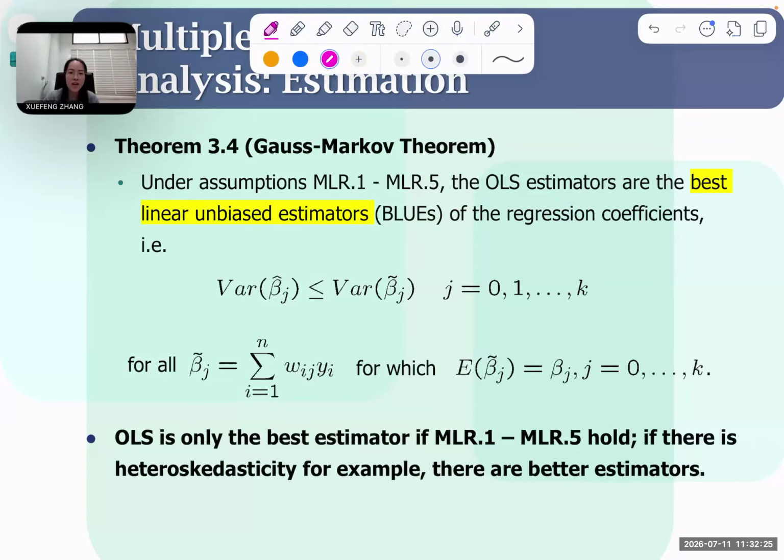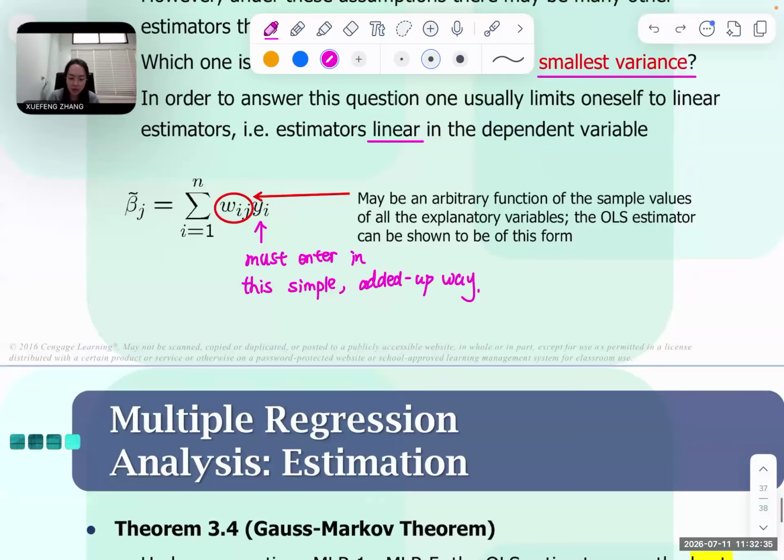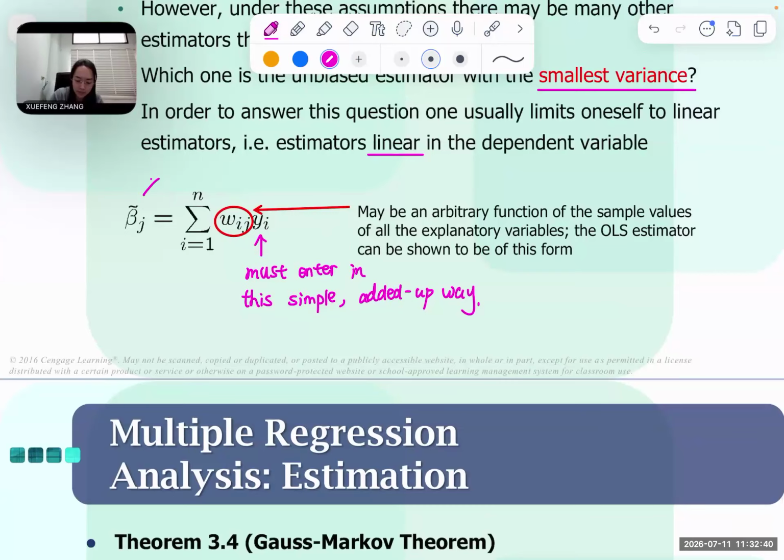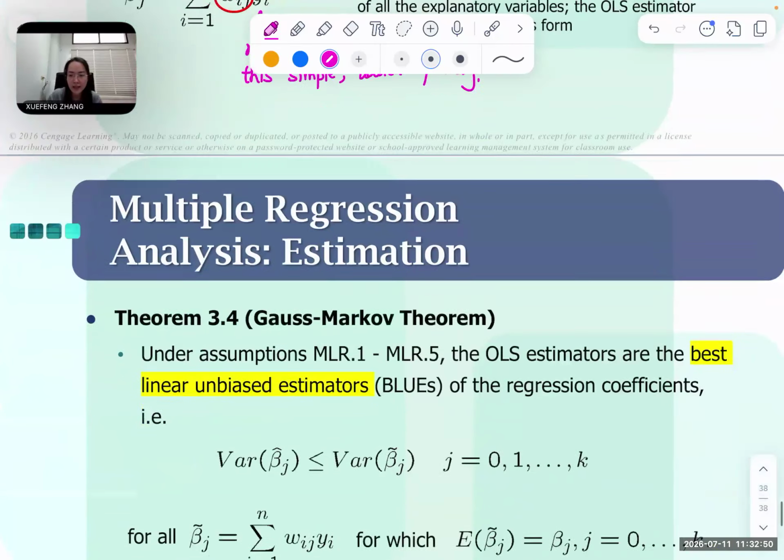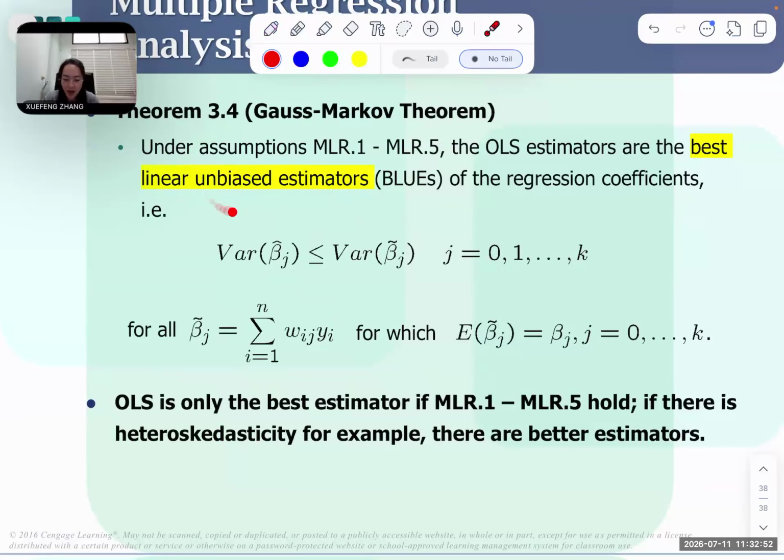Let's break down the acronym. Linear means beta j hat is a linear function of y, as I just showed you. Unbiased means the expected value equals the true one. Best, what does best mean?